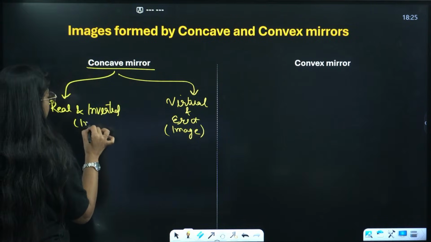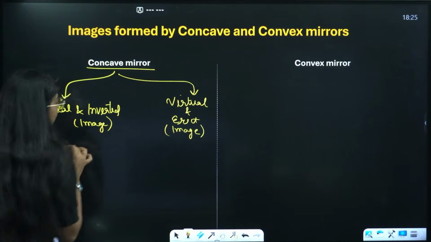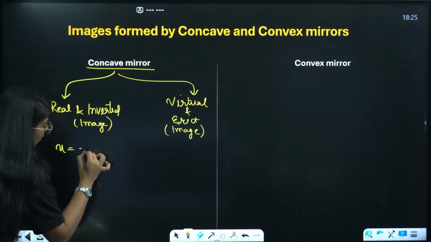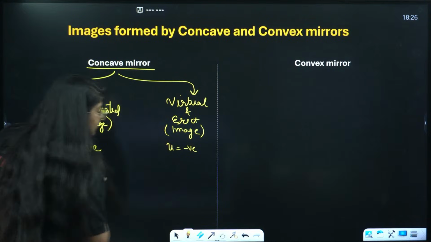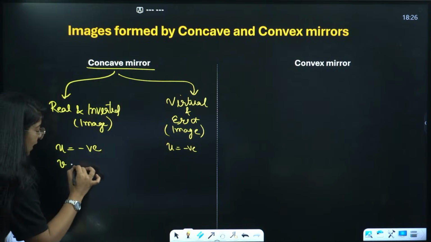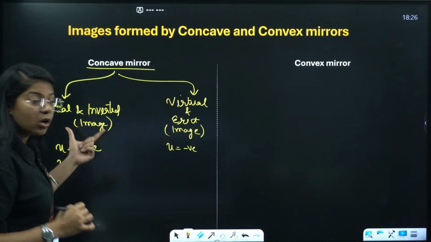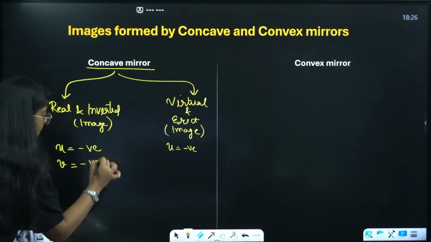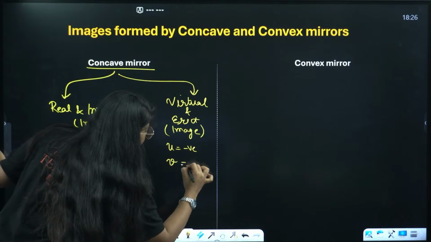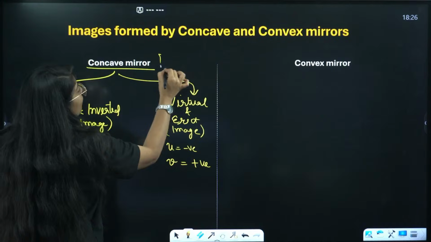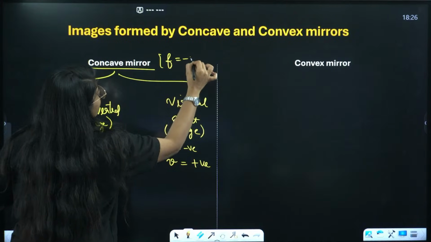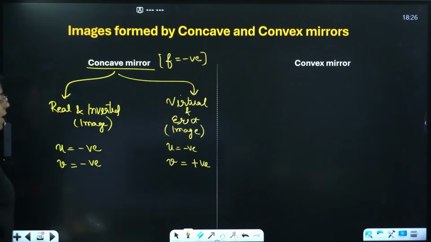U is always negative, done. In case of real and inverted, V is also negative. In case of virtual and erect, V is positive, done. For concave mirror, focal length is always negative, done. Anything left here?